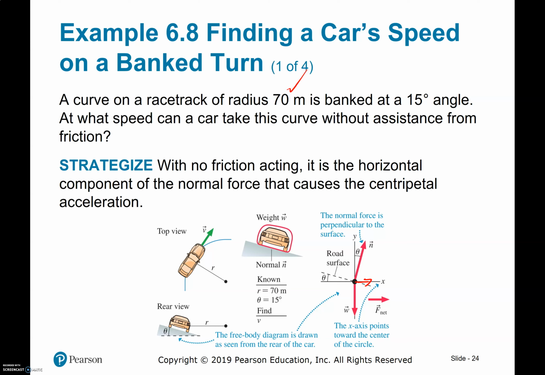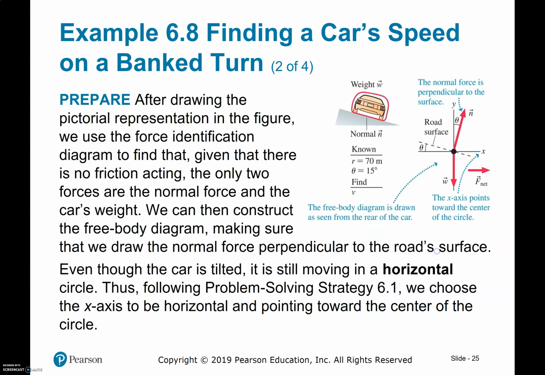The radius is 70 meters and the banking is 15 degrees. What is the maximum speed this car can take when it takes this curve? So let's look at the free body diagram. So what are the forces? We have normal force and we have weight, and we are neglecting friction here, but we can add friction later.